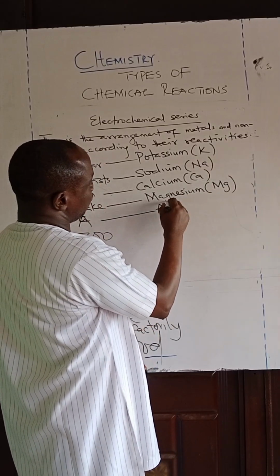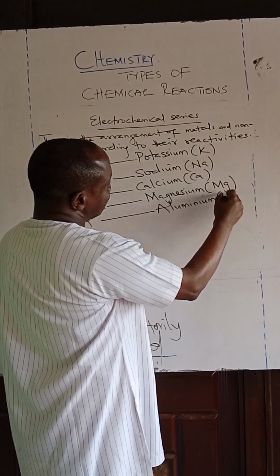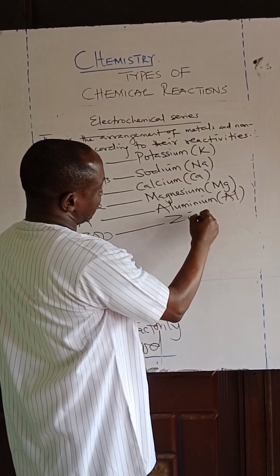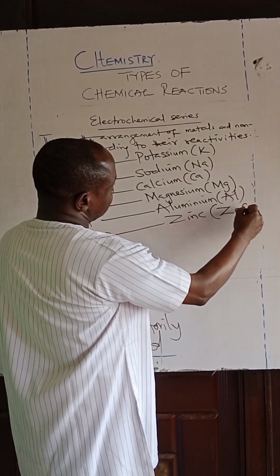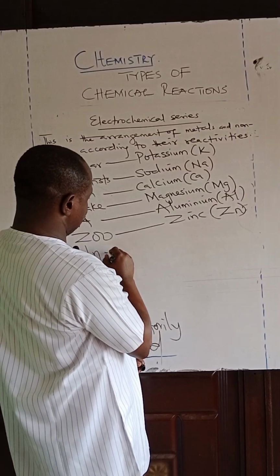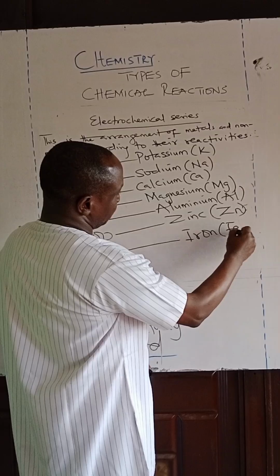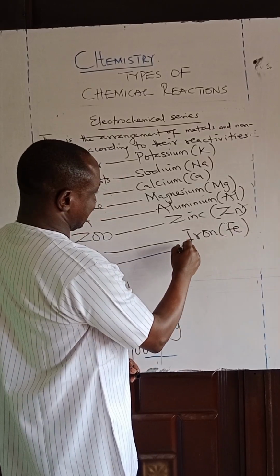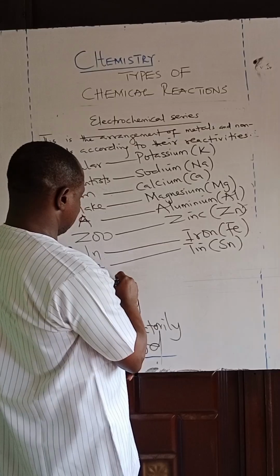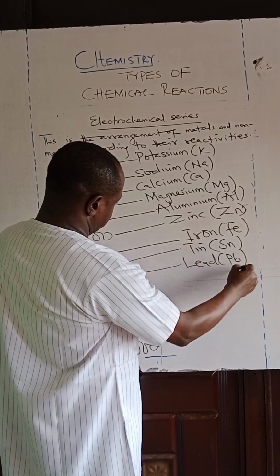This one means aluminium, Al. This one means zinc, Zn. This one means iron, Fe. This one means tin, Sn. This one means lead, Pb.